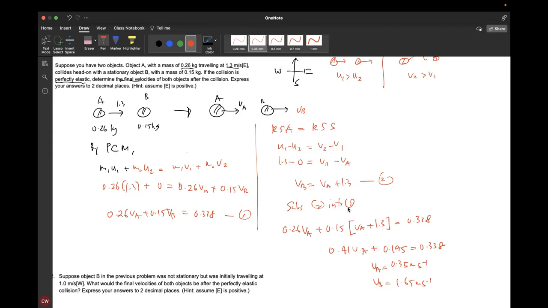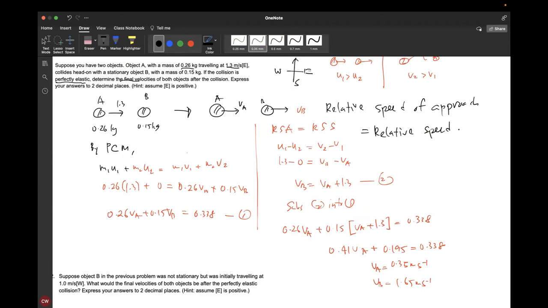No, I'm learning. I'm seeing this. So this is called relative speed of approach. It means how fast the collision is going to occur.